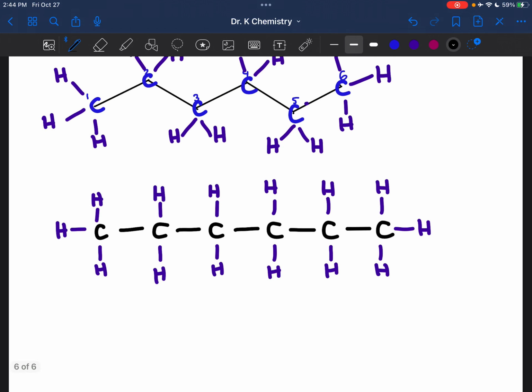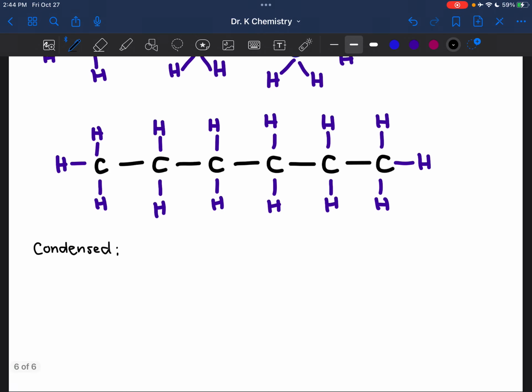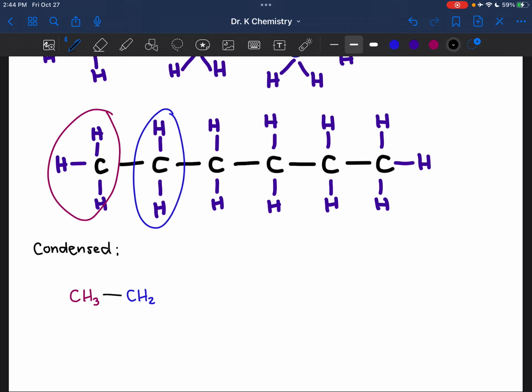To turn that into a condensed structure, I can start collapsing these down. I notice that at the end, I have a CH3 unit, so I'll write that as CH3. The unit next door is a CH2, so I'll write that as CH2. Maybe I'll keep these circled. There we go. The unit next door is also a CH2.